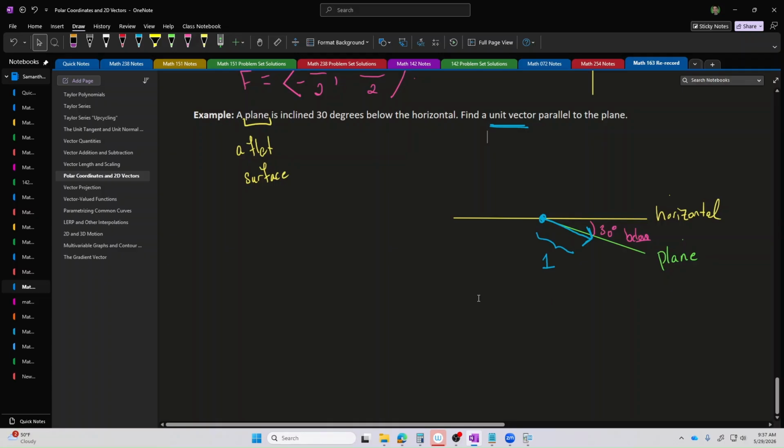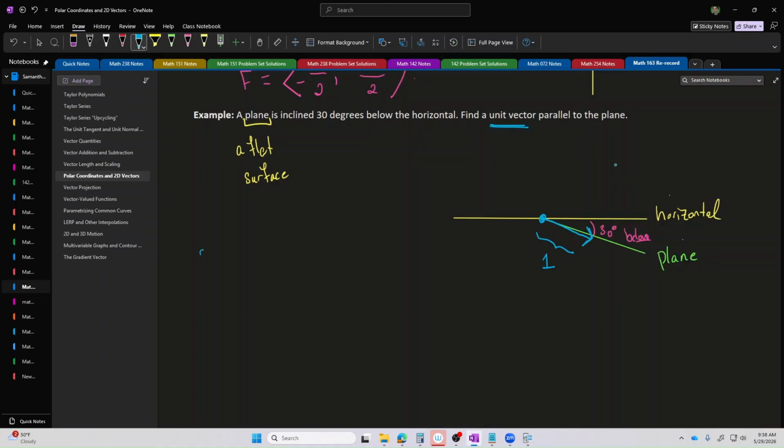Once again, I can understand this problem through the perspective of a polar conversion. I'm given the magnitude, the length, the radial distance of this vector, 1 unit, because it's a unit vector. And I'm also given the vector's angle measured relative to this horizontal line, 30 degrees below.